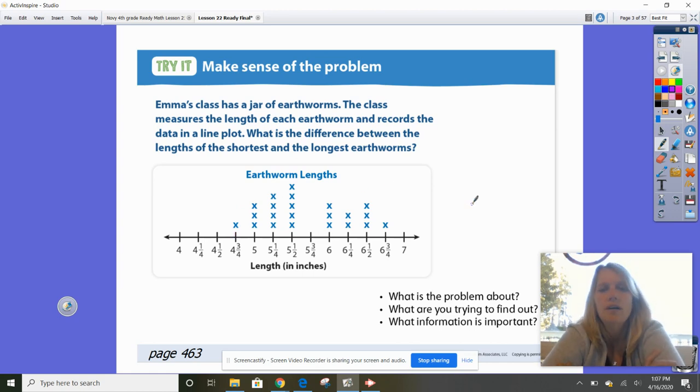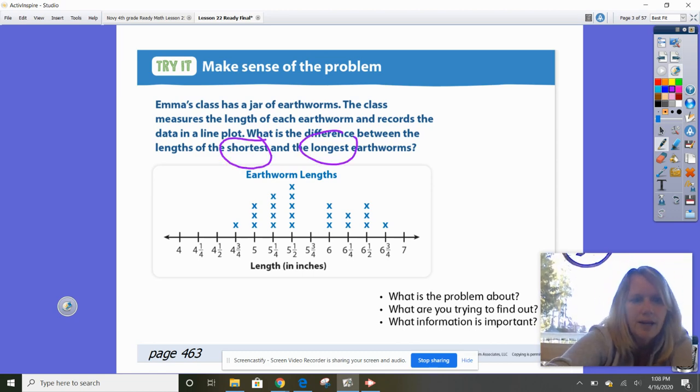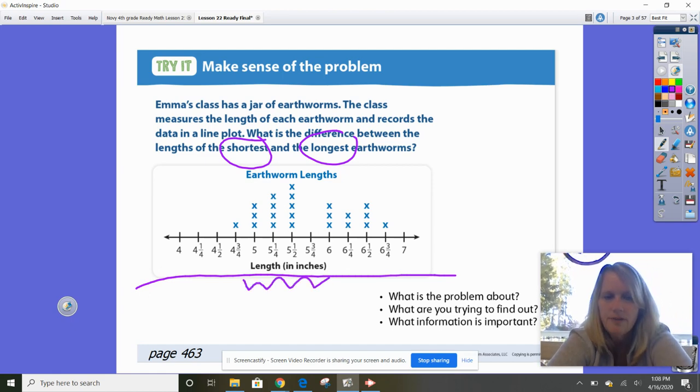Okay. Third read, what information is important? Emma's class has a jar of earthworms. The class measures the length of each earthworm and records the data in a line plot. What is the difference between the lengths of the shortest and the longest earthworms? So right here, they mentioned shortest and longest. So when we come down here, length is really obviously important.